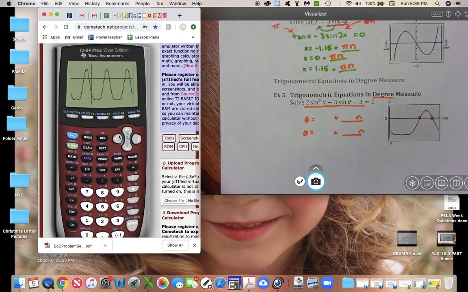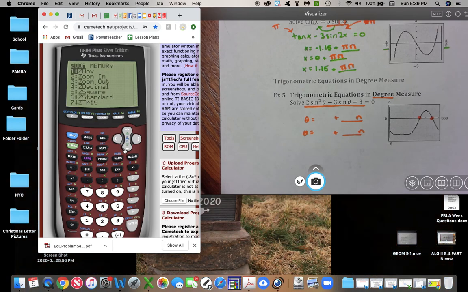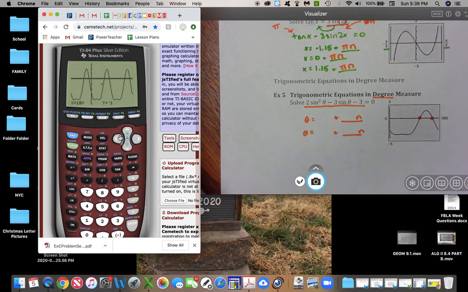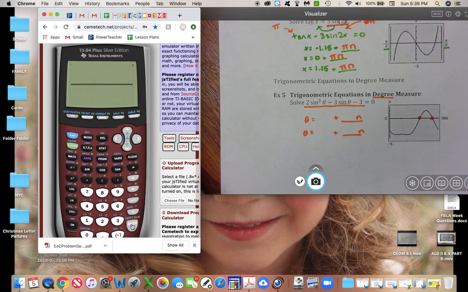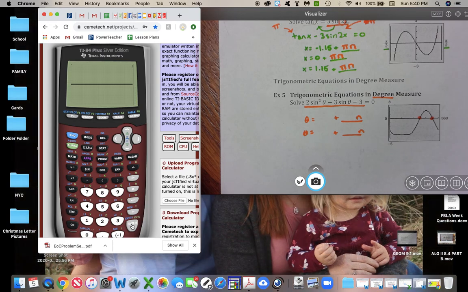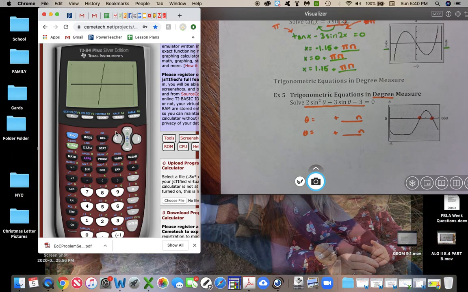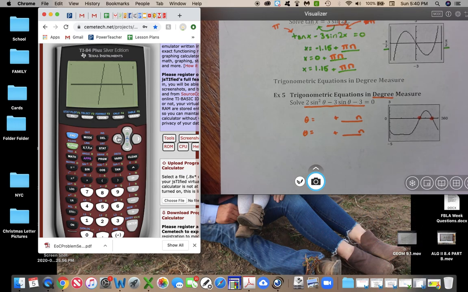So this first guy, I'm going to zoom in, and we're kind of cheating by just guessing, or we're not really cheating. We're being lazy, I guess, by not going into our table and going out to however many decimal places. But I'm going to say that this is good enough.